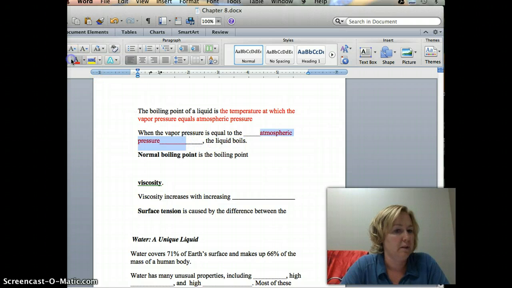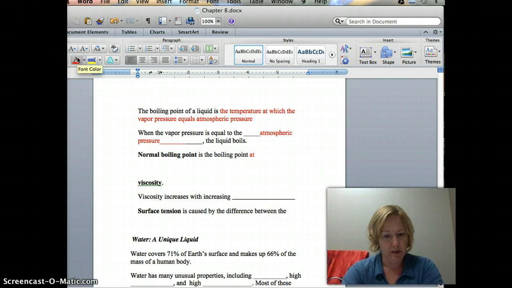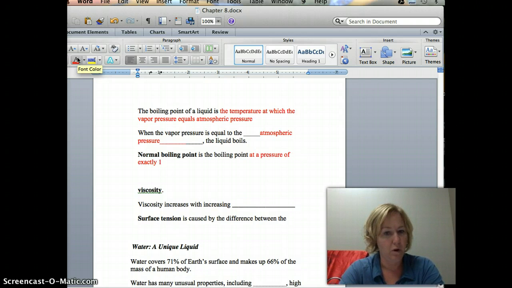Okay. There you go. Normal boiling point is the boiling point at a pressure of exactly 1 atmosphere. So if it's boiling, it's at 1 atmosphere.